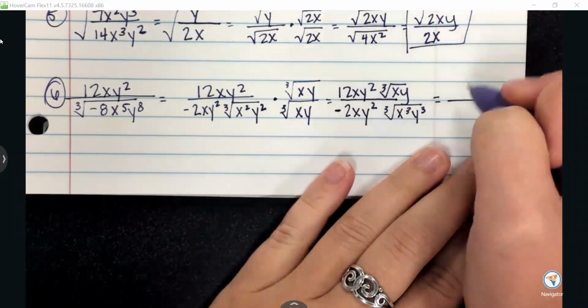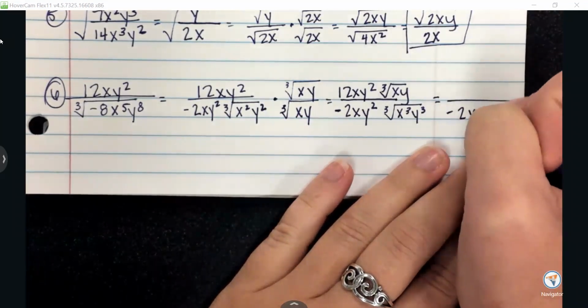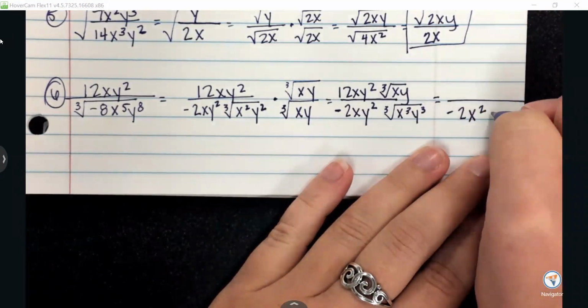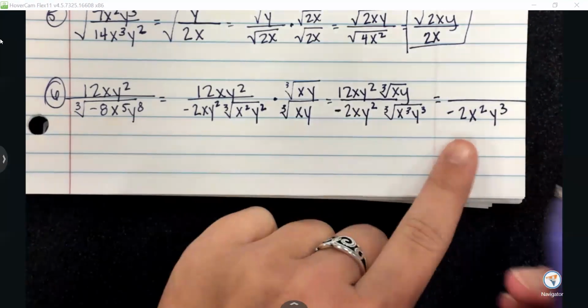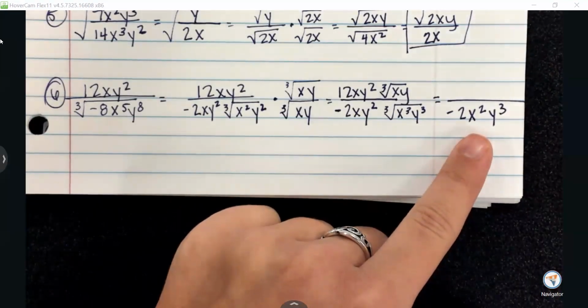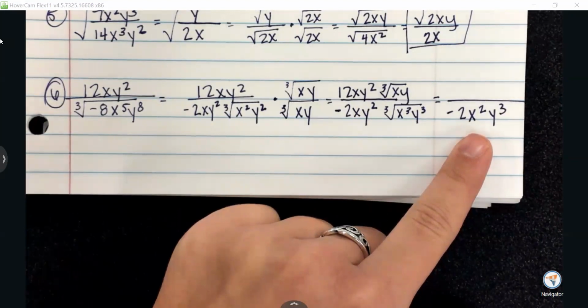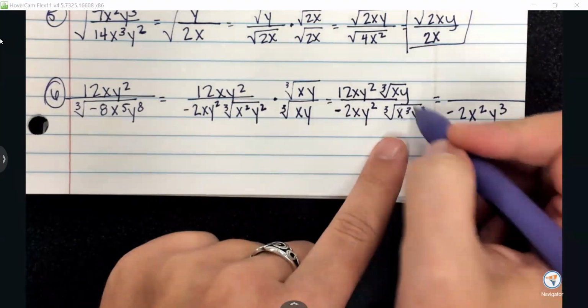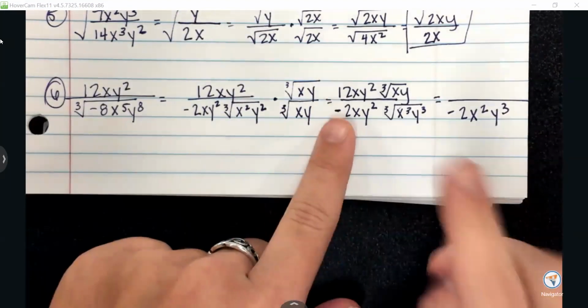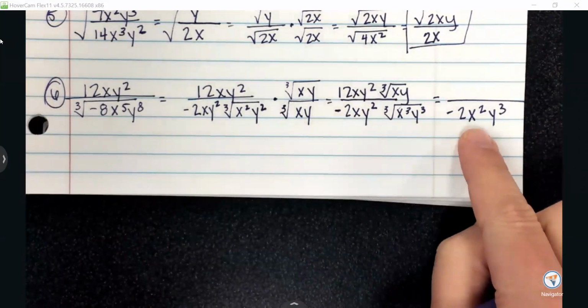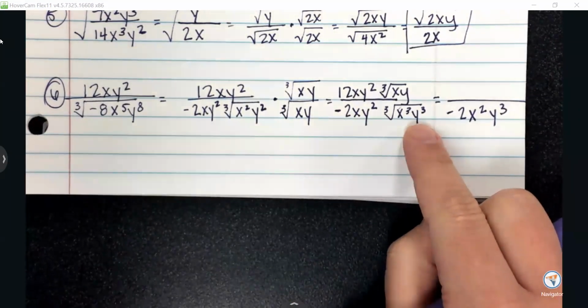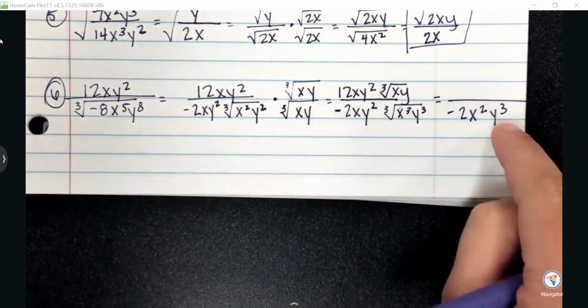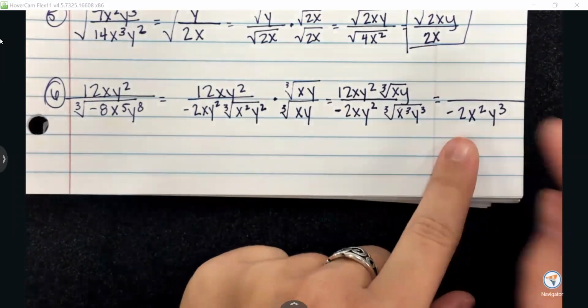So this would come out to -2x squared y cubed. Where did I get x squared from? Because one of my x's comes out, so x times x is x squared. Y cubed has a y come out, so y squared times y is y cubed, okay?